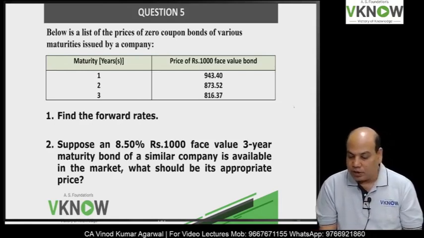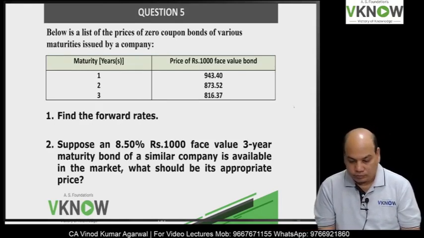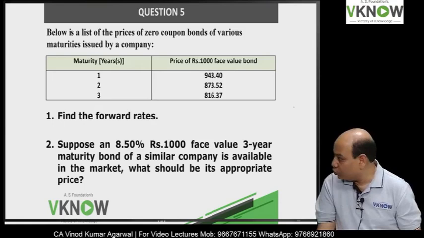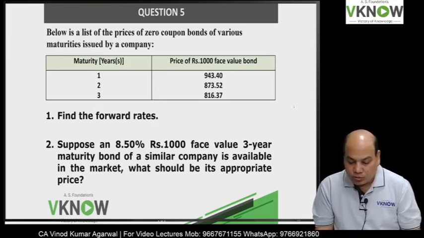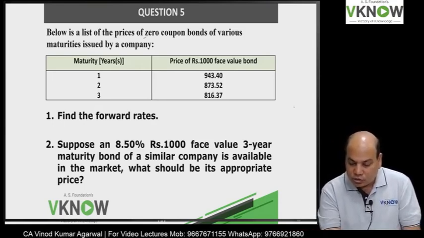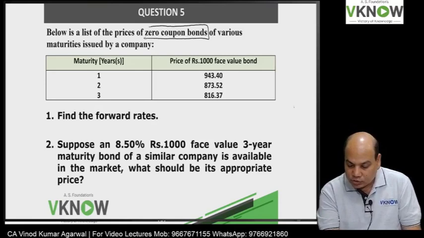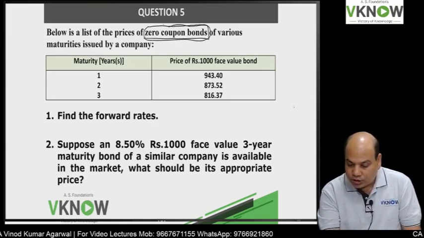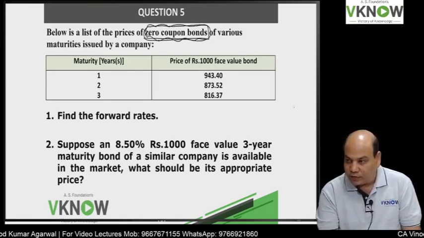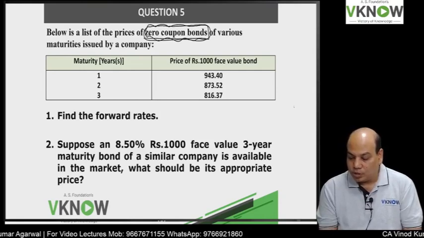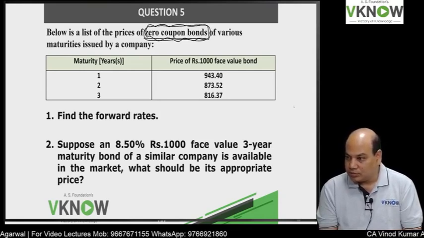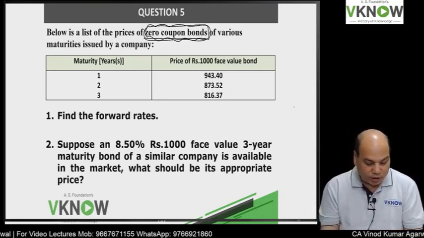Below is a list of prices of zero coupon bonds of various maturities issued by a company. Zero coupon bond means no interest paid during the lifetime of the bond. The bond will be issued at a discount and redeemed at par.